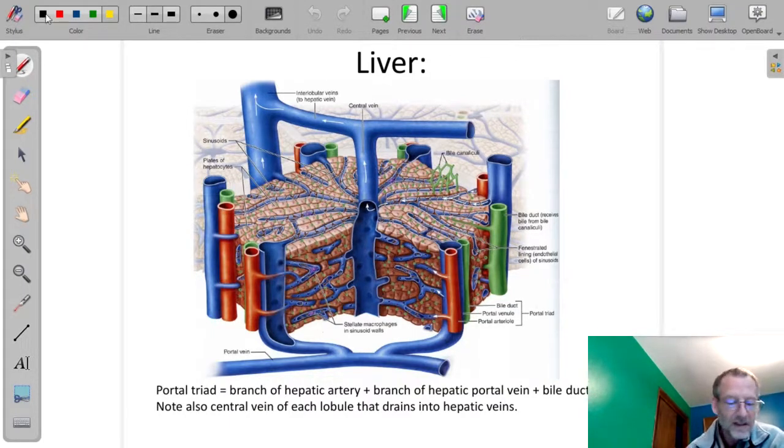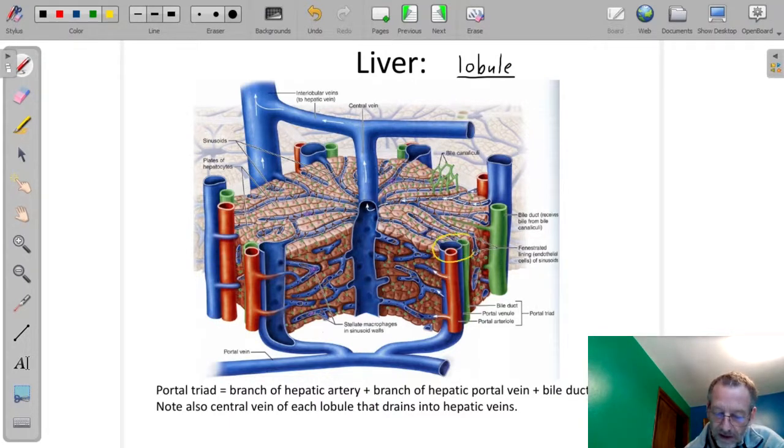And this is a lobule. Small lobe, if you will, of the liver. And notice there are some things to pay attention to. There are these little polygon-shaped lobules, and on the corners are these portal triads.